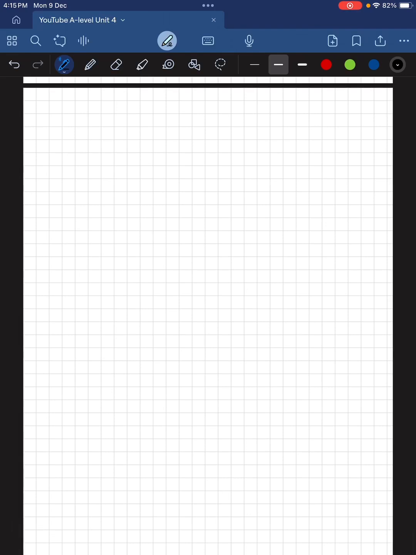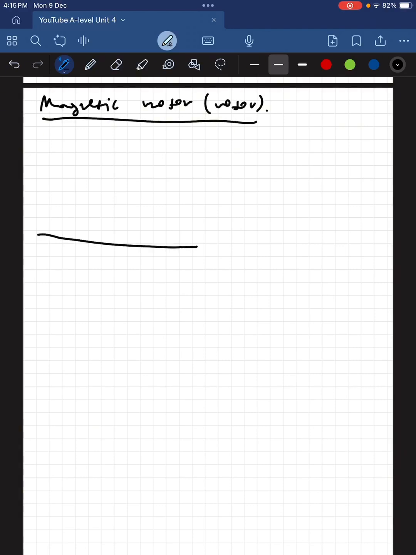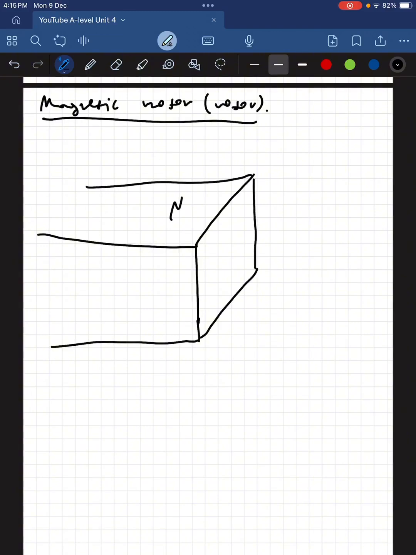So a cool little thing we can do is to create a motor, okay? What do you mean by that? This is going to be really hard to draw. So let's title this magnetic motor, or rotor, as it is called. So I'm going to draw again my north.